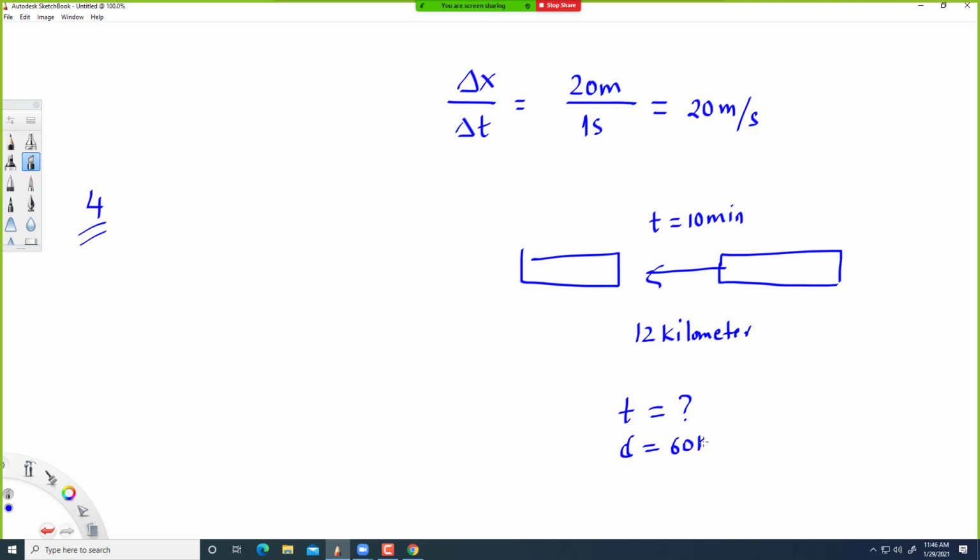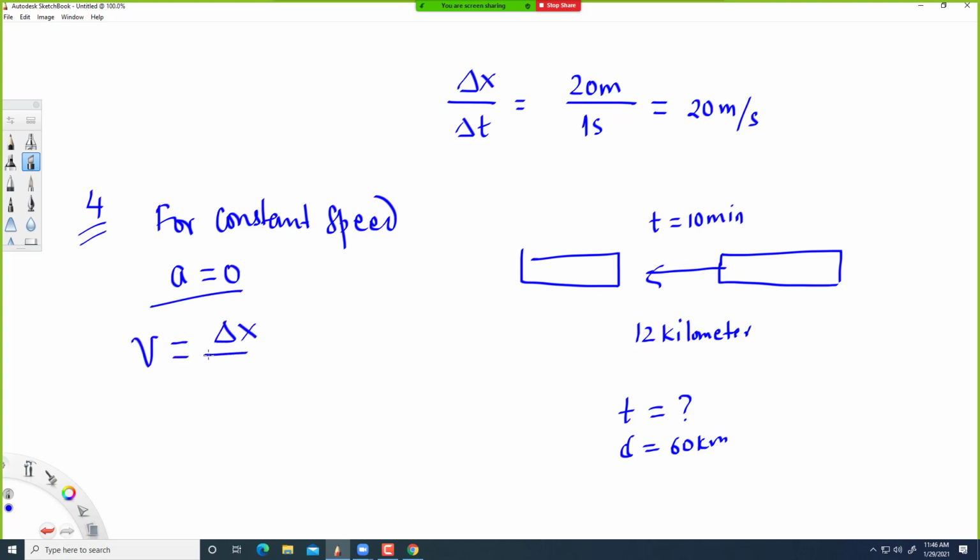So this is constant speed motion, and when you are dealing with constant speed motion, you only have one equation. For constant speed, because there is no acceleration, you only have this equation: v is equal to delta x over delta t.